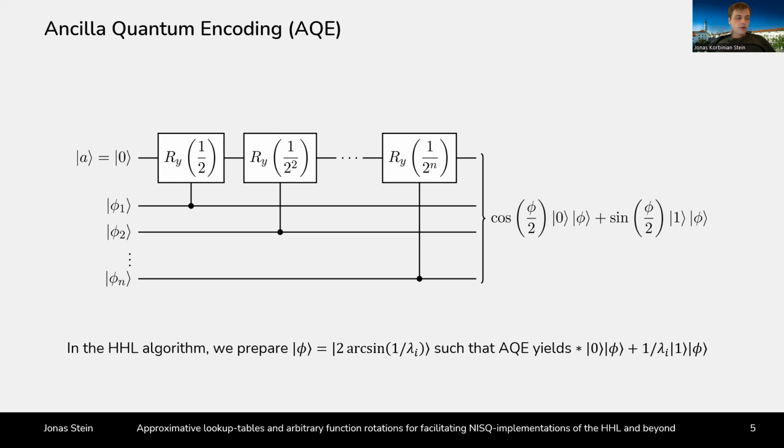If we take a closer look into this ancilla quantum encoding, it's really nothing but a fairly easy mathematical idea. Let's take some number that is written in terms of phi_1 to phi_n in binary, assuming that this number is 0.phi_1 phi_2 phi_3, and so on.